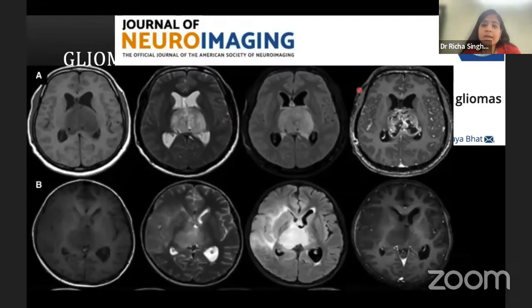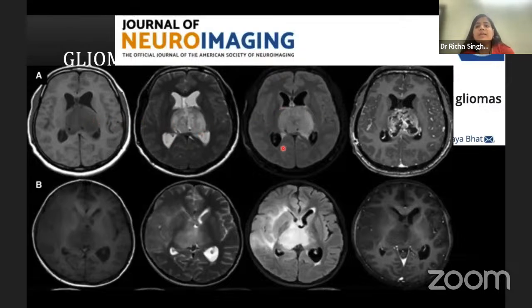As I'm showing here in an example, these are two sets of tumors. Both are bithalamic, but both are looking different on imaging. The lesion here is very well defined. It is defined within the thalamus. There is not much edema around this lesion, as we can see in the T2 and T1 images.